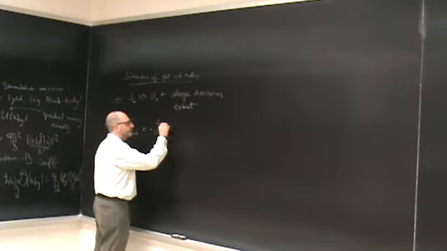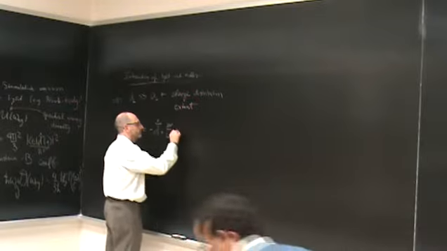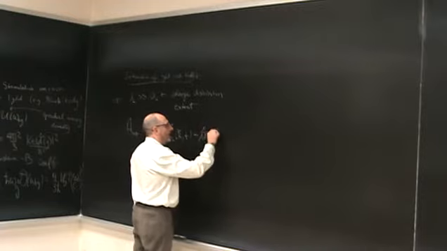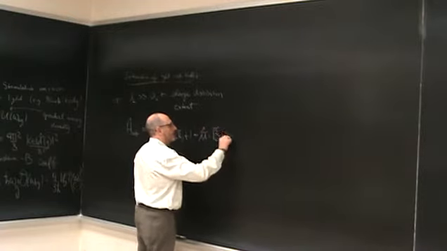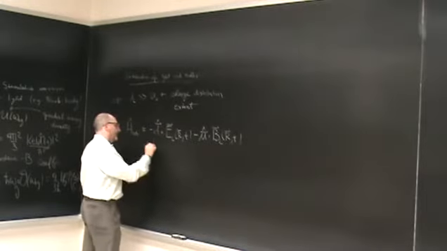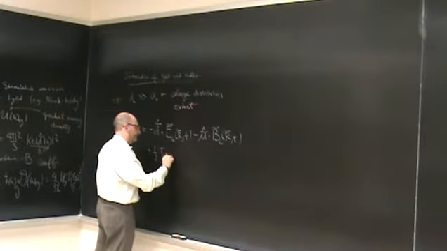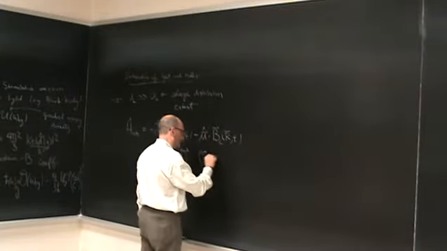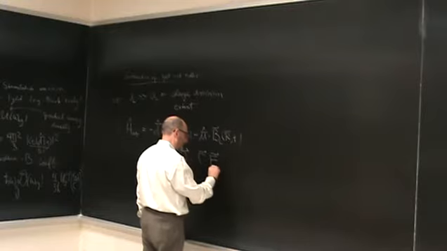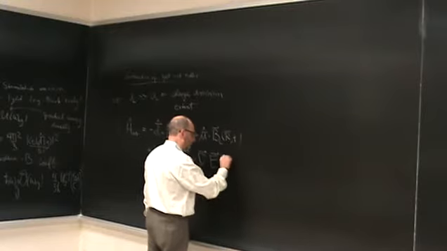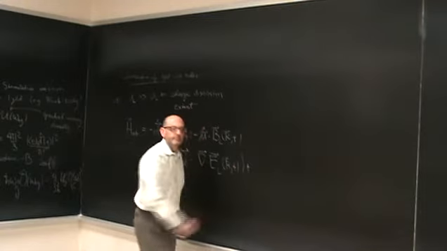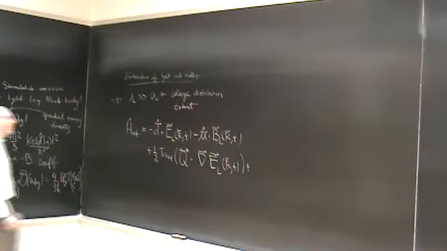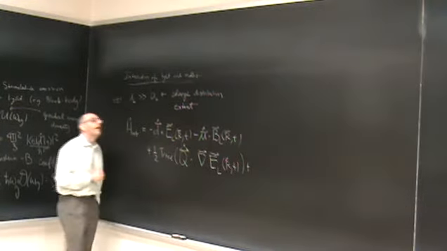Okay, so we would have some kind of expansion that looks like this. So the nature of this interaction is that there are moments of the distribution.